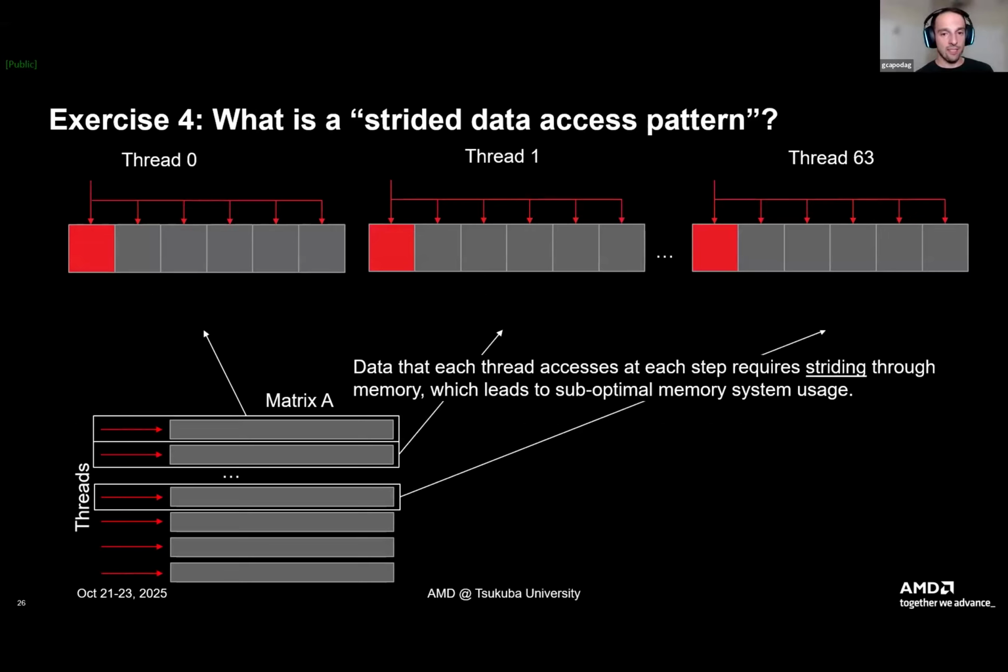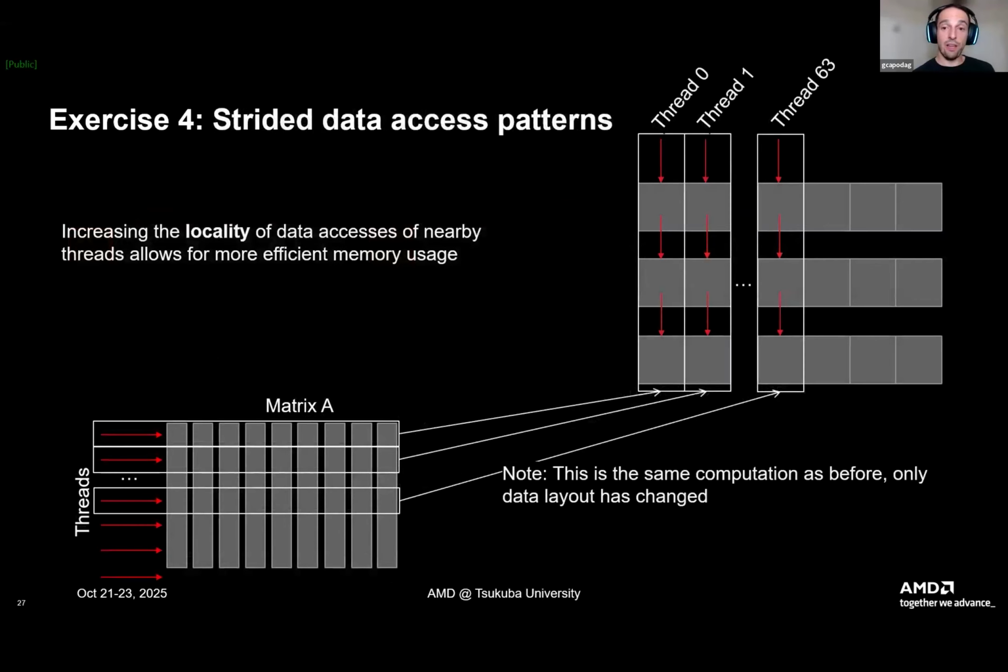So they're accessing data that's not contiguous, and so they always have to make a jump in the way they access the data. And so they're not leveraging data locality. And the solution is the situation where we're actually leveraging that. So we're removing the striding so that the thread can access contiguous data.